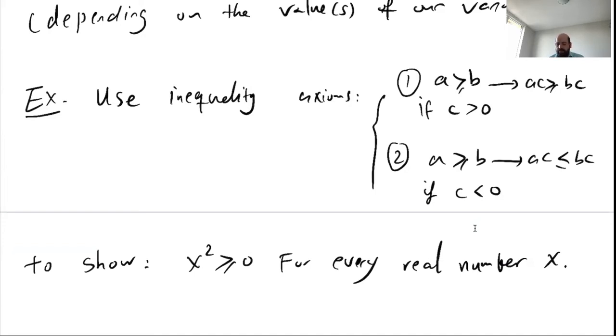So here we want to use cases because we want to prove a statement about x, right? Now, what is x? Is it positive or is it negative? Or is it 0? Well, depending on whether it's positive or negative, our argument will be a little bit different. Therefore, we have to divide our proof into different cases.